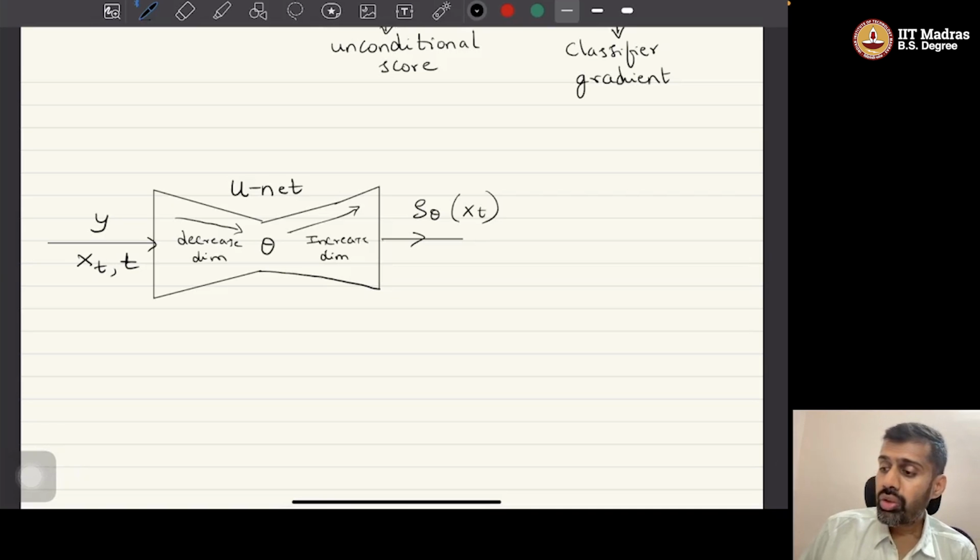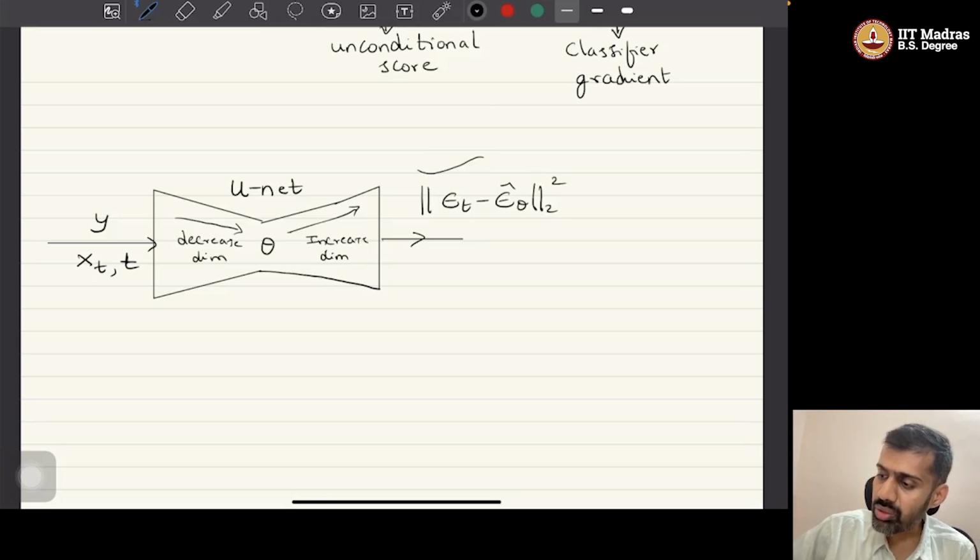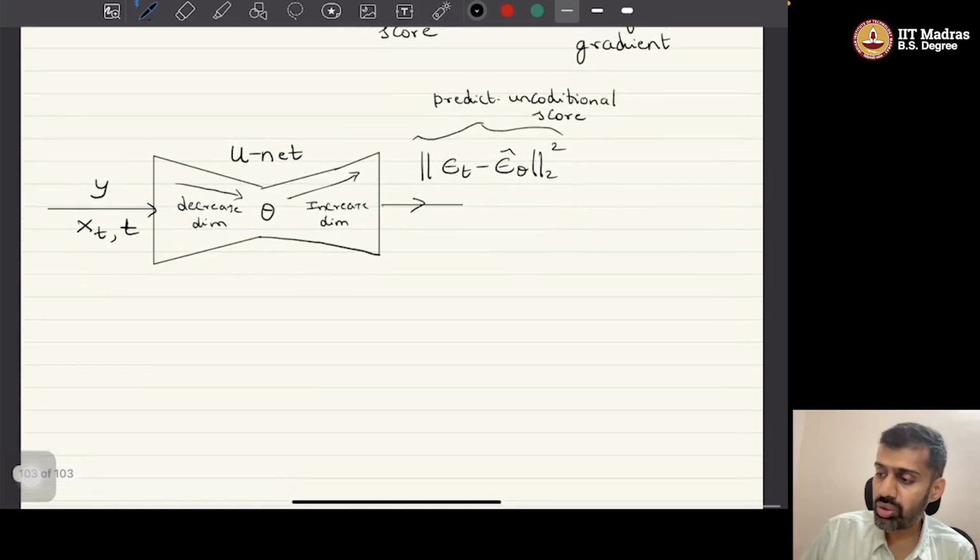At the output it is of course predicting the score, or we can say that it is predicting the noise, because both of them are equivalent, as we know. So this is epsilon theta, this is what it is predicting. We know that predicting noise is equivalent to predicting the unconditional score. Okay, this is predicting the unconditional score.